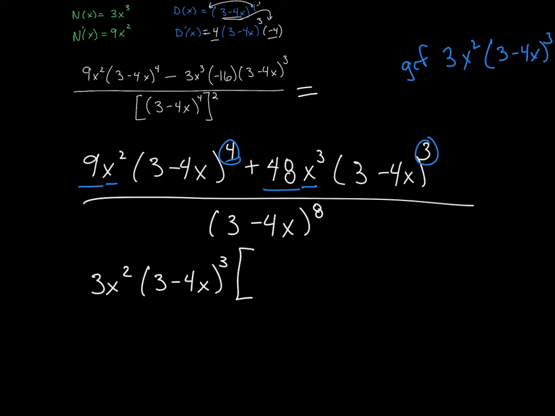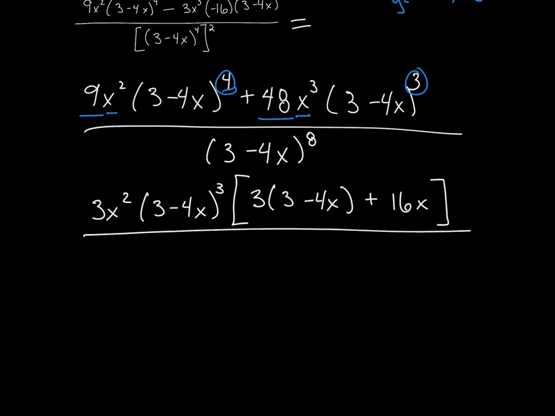On the inside, that leaves me with 3 times 1 more 3 minus 4x, plus, and then 48 divided by 3 is 16. I'm left with 1 more x. That would bring me to x squared, but no more of the 3 minus 4x's.